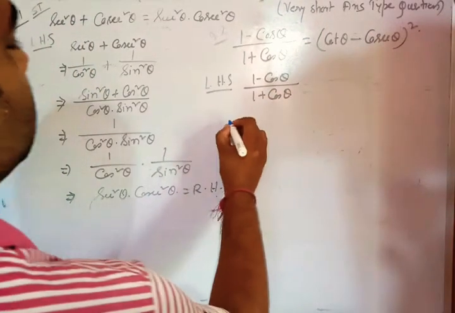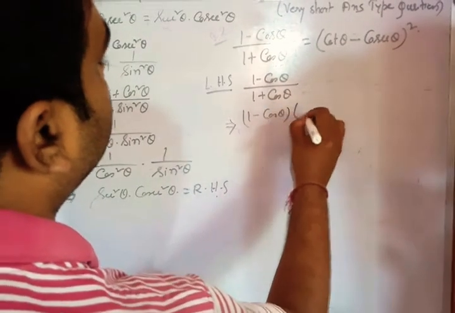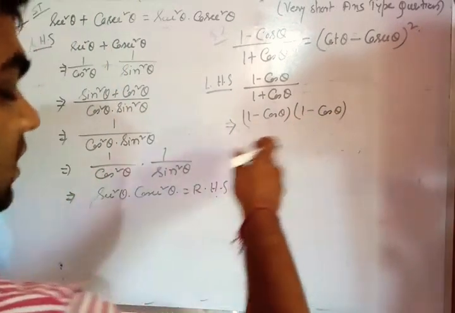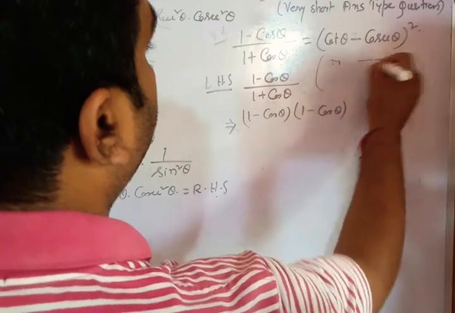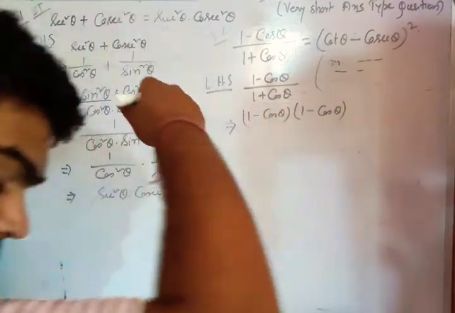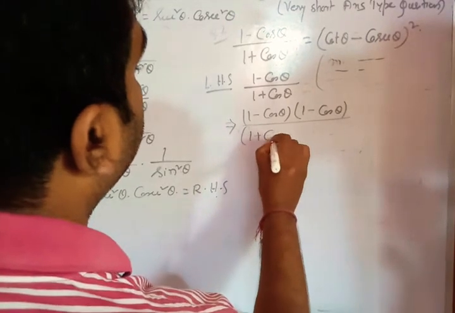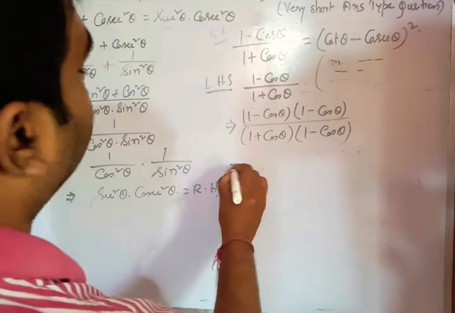Now we are multiplying the numerator and denominator by 1 minus cos theta. So this is 1 plus cos theta, 1 minus cos theta.